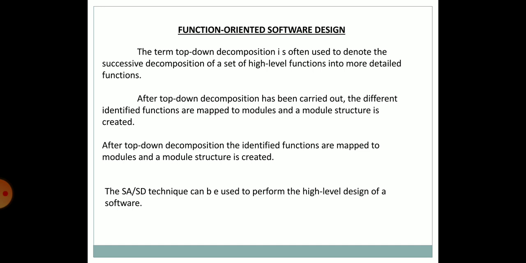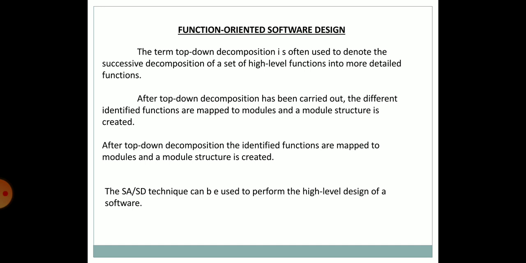So, in function oriented software design, we must identify the individual, independent, important functions that are performed by the software. The term top-down decomposition is often used to denote the successive decomposition of a set of high-level functions into more detailed functions.